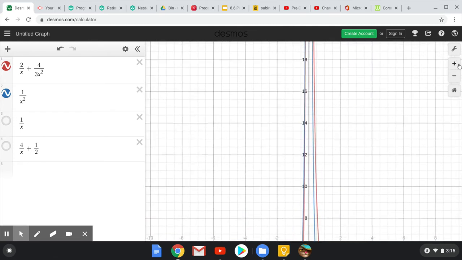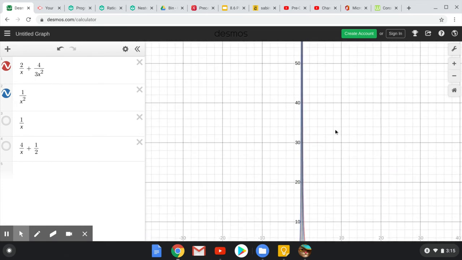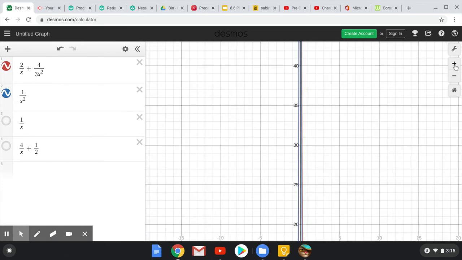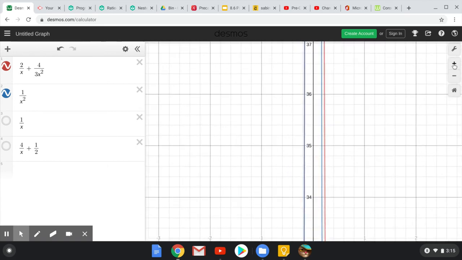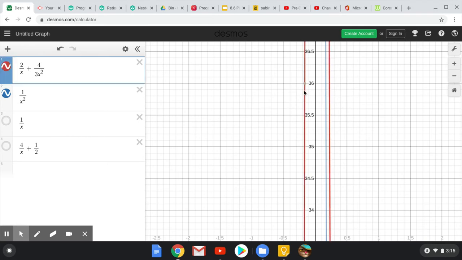It turns out that it's all the way up here at 36. So the solution would be x is negative 0.167, which is negative 1 over 6. So that would be the answer, negative 0.167.